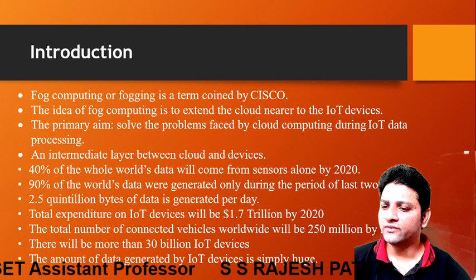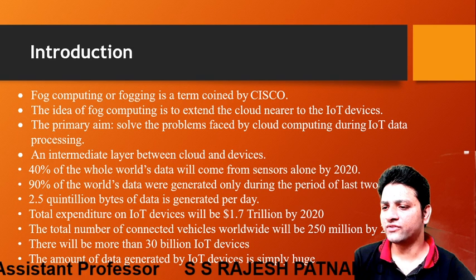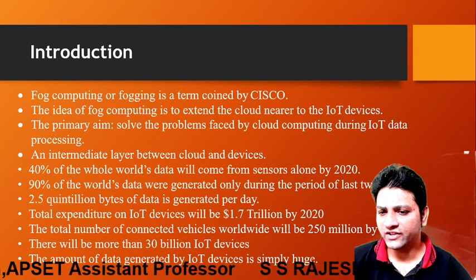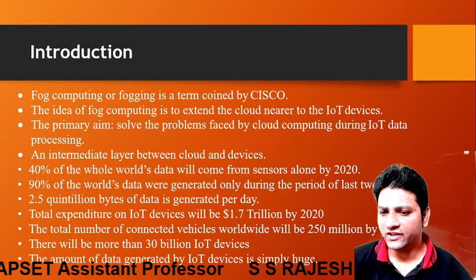The amount of data generated by IoT devices is simply huge. So that's why fog computing was introduced. 40% of the world's data comes from sensors, and around 90% of the data coming from IoT devices is a problem.